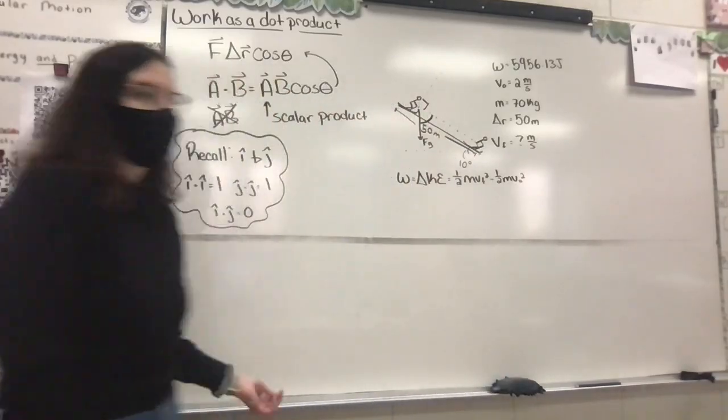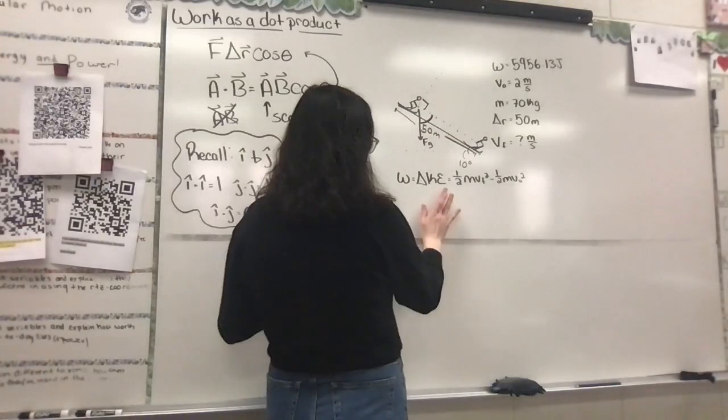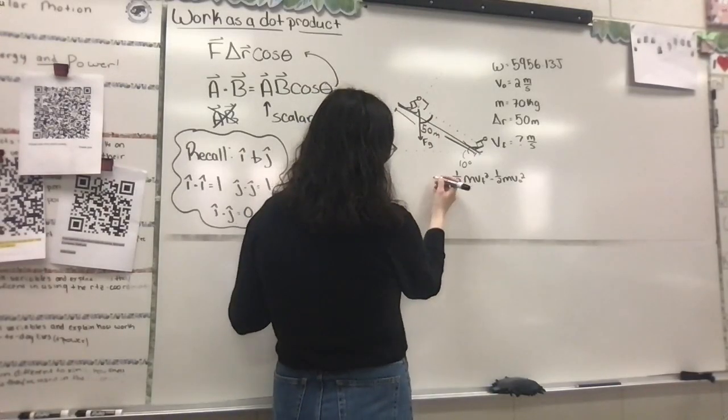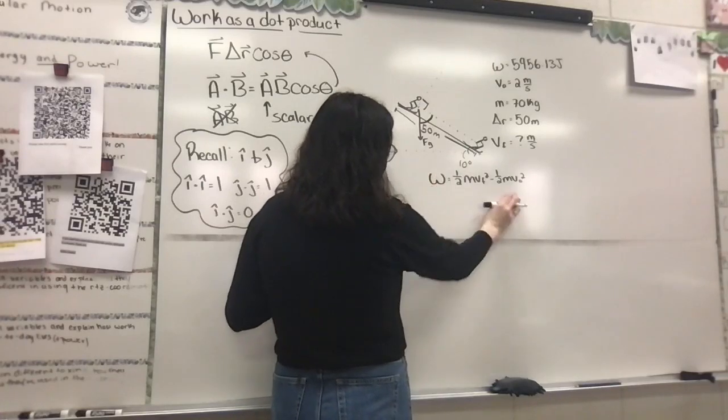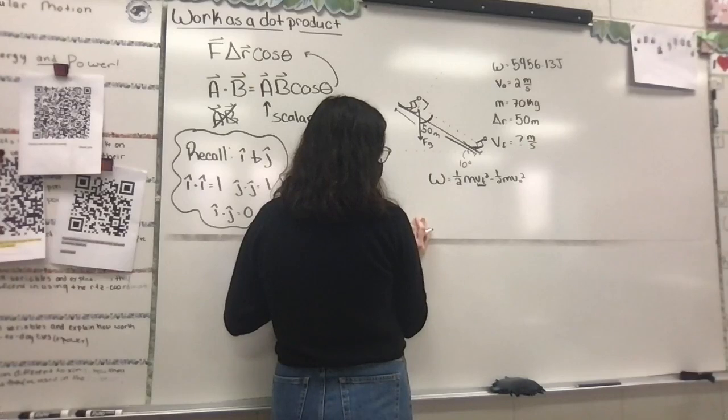So, since that's the change in kinetic energy, I can just say that work is equal to that. And now we need to rearrange to solve for our final velocity.